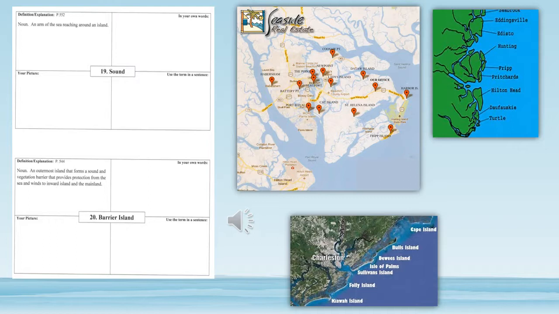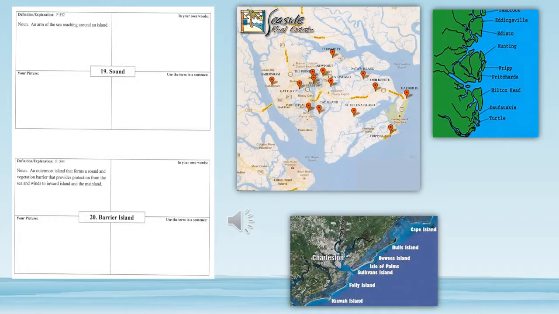So back in the day, before people started going there to vacation and hotels were being built, these barrier islands were used for agricultural purposes, and some of them weren't used at all. They were just there, and people didn't use them at all.